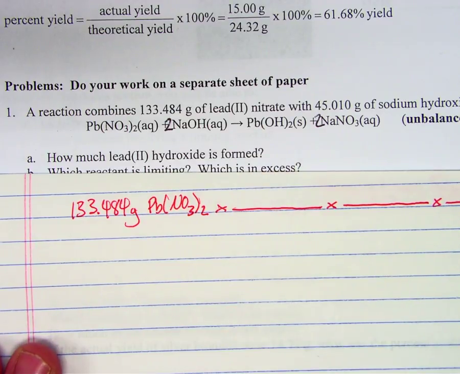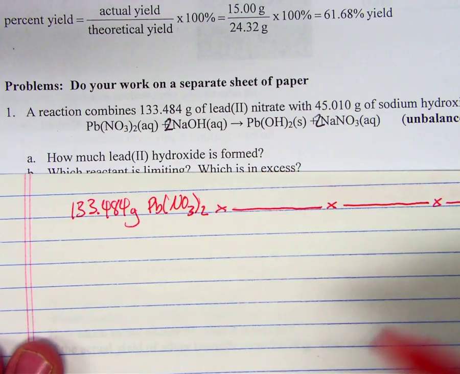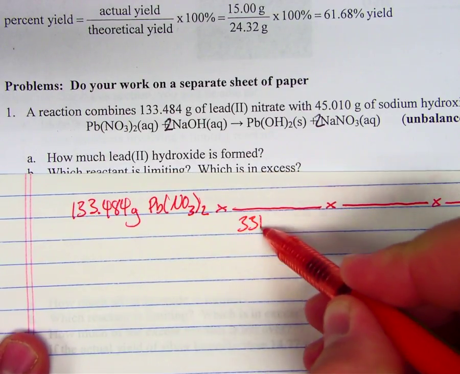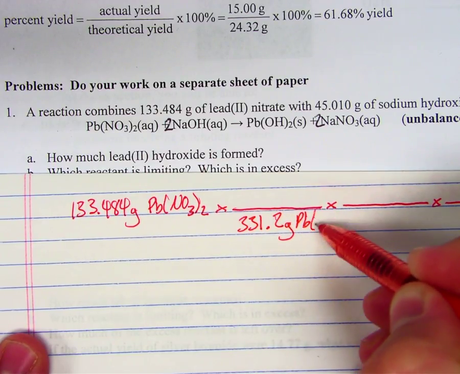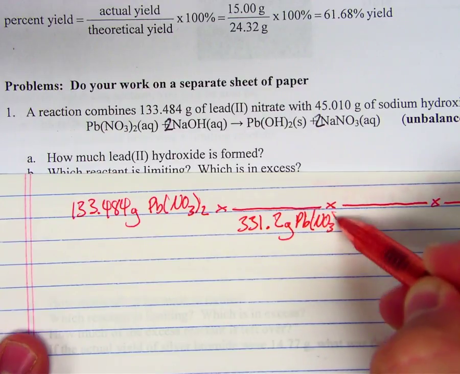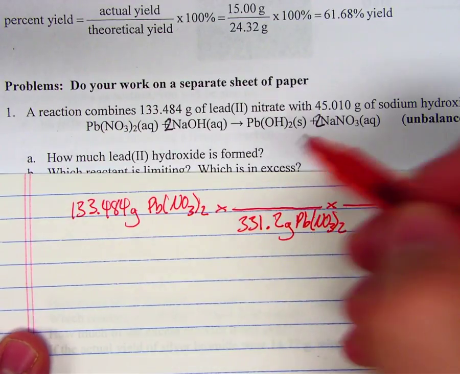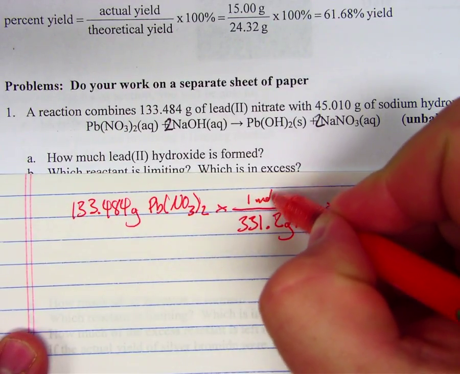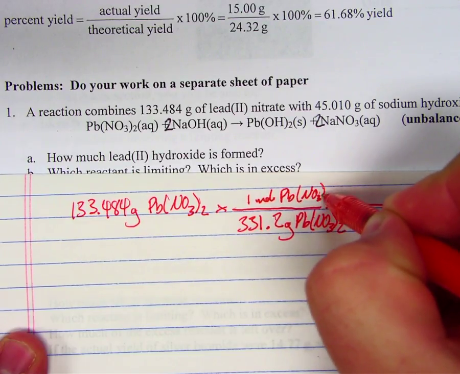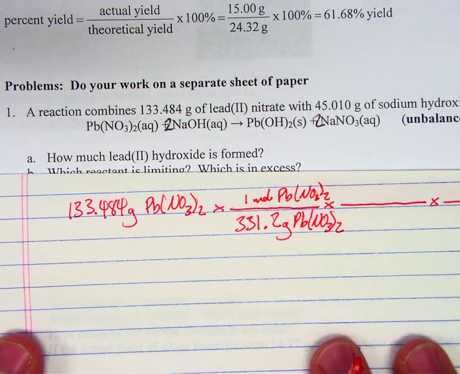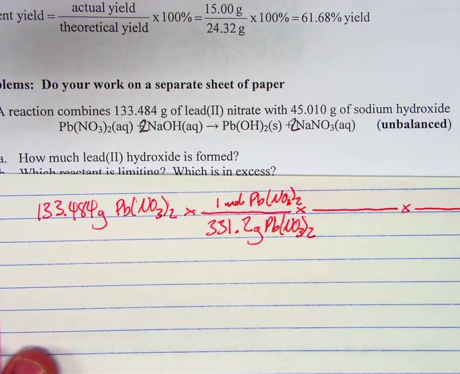Okay. So the first step I need to do is divide by the molar mass. I got this by adding up the masses on the periodic table, and we know that's for 1 mole of Pb(NO3)2. Now my next step is to look at the molar ratio.